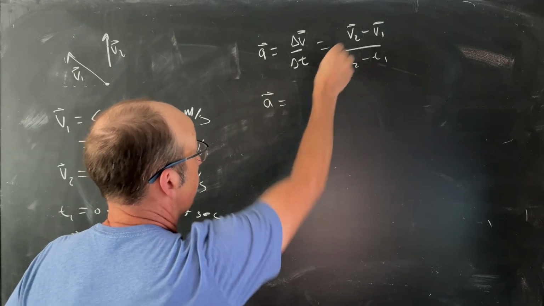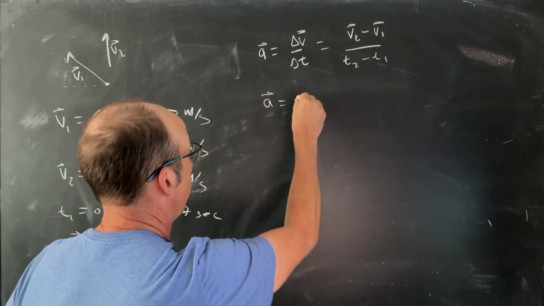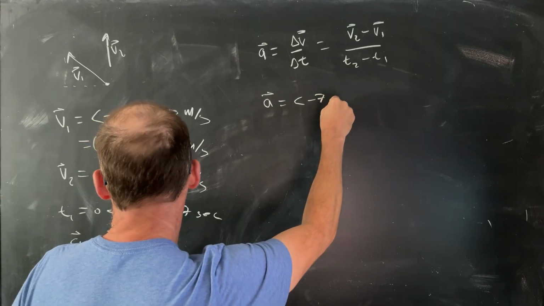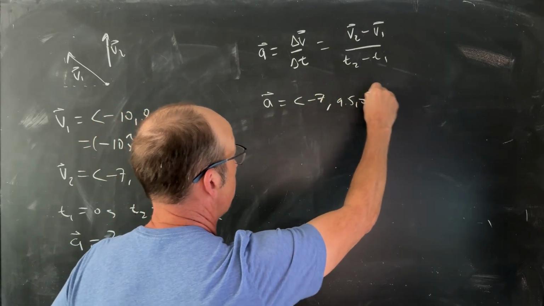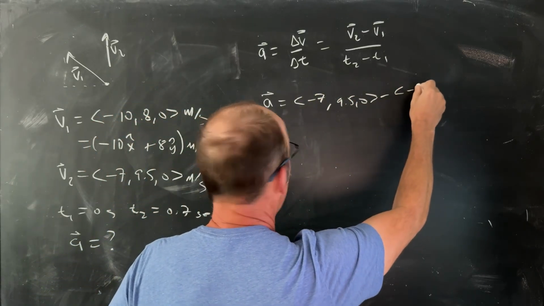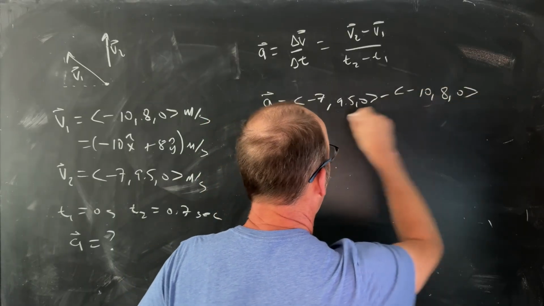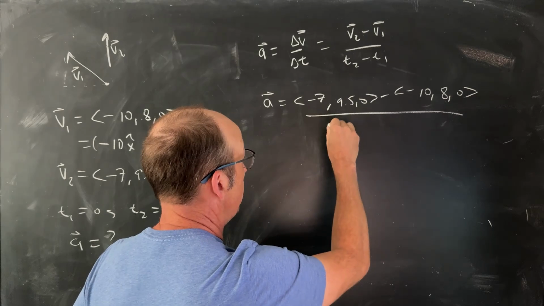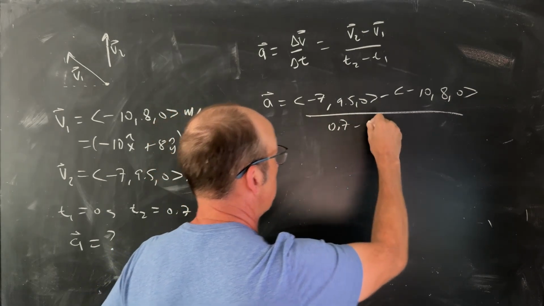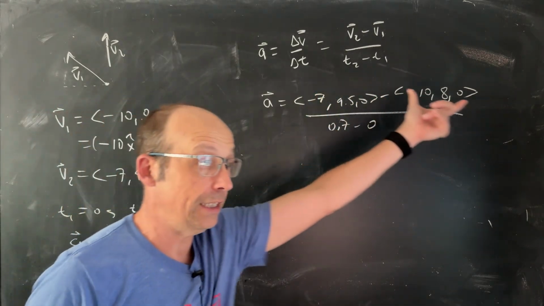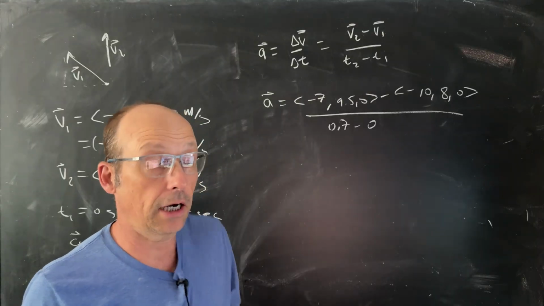So let's write this as v2, I'm going to use my formula right here, negative 7, 9.50 minus negative 10, 8, 0, and I'm going to leave off the units. And then I have 0.7 minus 0. So there's my change in velocity vector divided by my change in time.